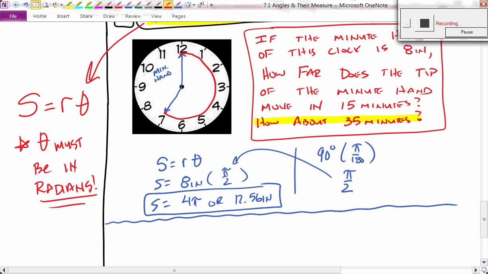Now we need to figure out what this angle in here, called theta, is. Again, we know S is R times theta, so S is going to be 8 inches times my theta, which I need to figure out. How can we figure out what angle that is? It's 210. How did you get that?